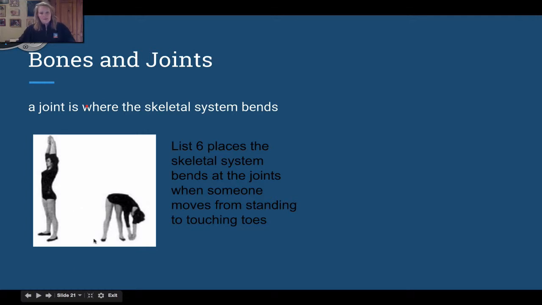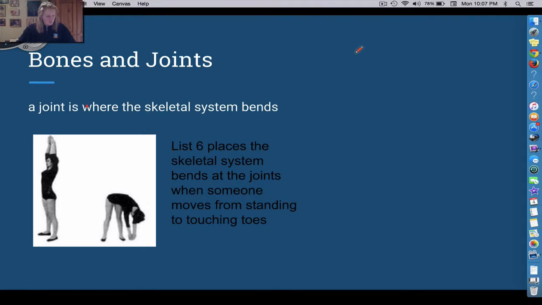Okay, and let's list some of these just to make it a little bit more real of what's happening. So we are definitely bending at the waist. Okay, so the spine or waist is going to be bending right here. The hips are going to open up a little bit, right? So the hip is going to bend.